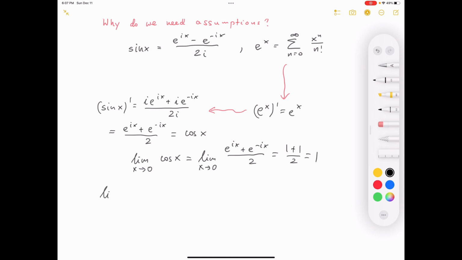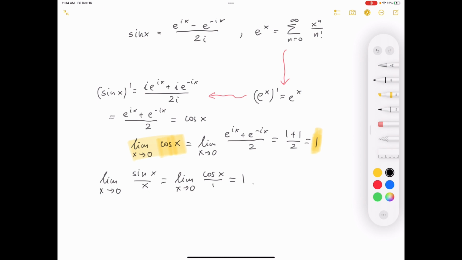Using this, now we can compute the limit of sine x over x by applying L'Hopital's rule, which tells us that that limit is equal to just the limit of cosine x over 1. And this limit we have computed here, it's equal to 1. So we get that the limit of sine x over x is equal to 1.